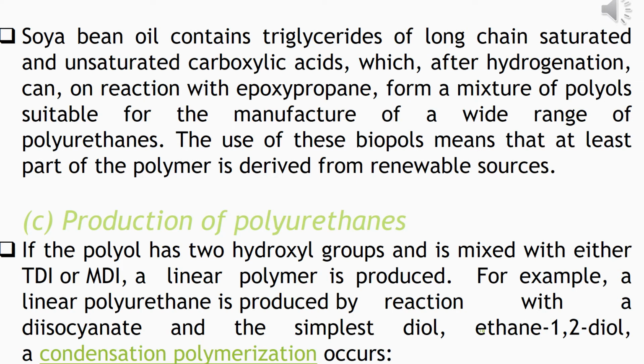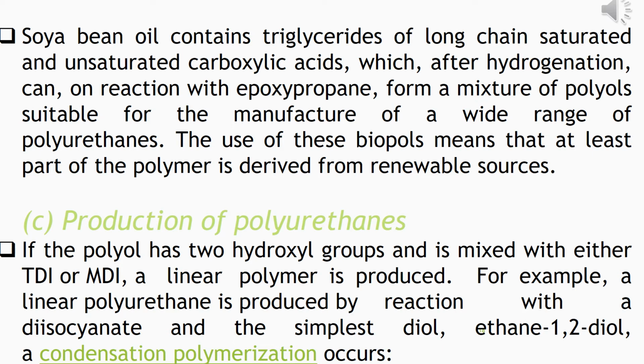Soybean oil contains triglycerides. They are made up of long chain saturated and unsaturated carboxylic acids. So soybean oil contains these triglycerides, which are actually made up of long chains of unsaturated and saturated carboxylic acids.